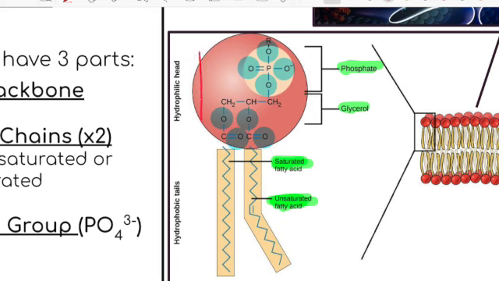Electrons are going to get pulled towards those oxygens. So overall, there'll be a negative charge around this whole group here. It will contain a slightly negative charge. And as a matter of fact, there's actually a full negative charge here.